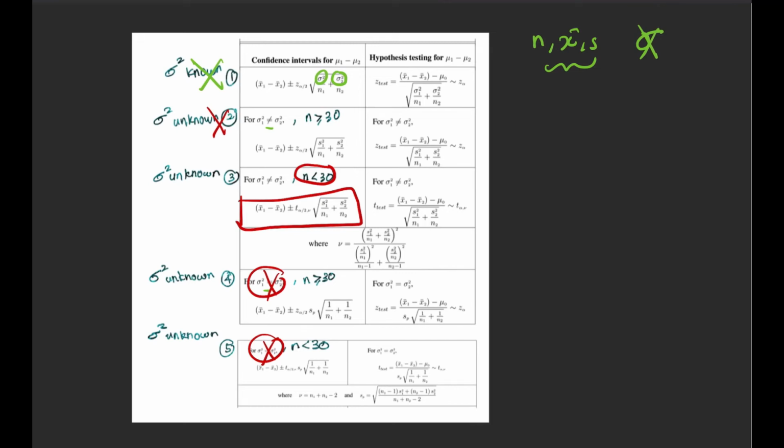Okay, so formula number 3, you will have x bar 1 minus x bar 2 plus minus t alpha over 2 nu times square root of s1 square over n1 plus s2 square over n2.